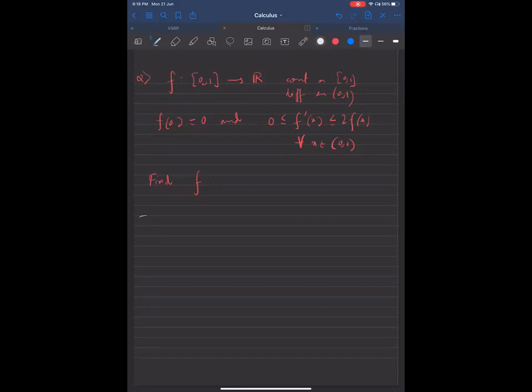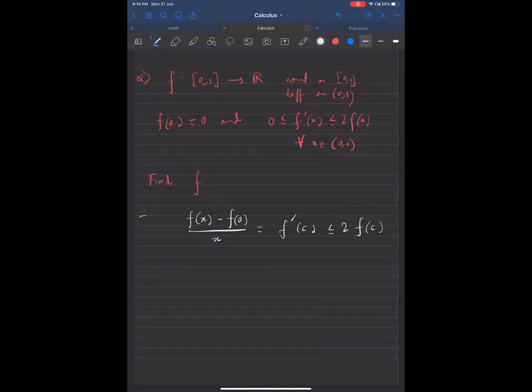I'm telling that we apply the mean value theorem on f(x). On the interval 0 to 1. So f(1) minus f(0) by 1; we are selecting some x that belongs to 0 to 1, like f(x) minus f(0) by x minus 1, is equal to some f prime c, that is further less than or equal to 2 into f(c).